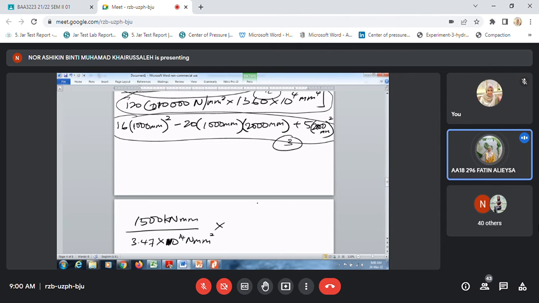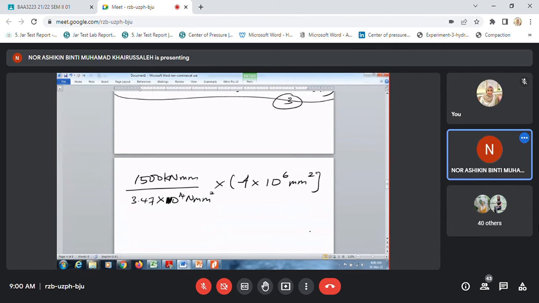Doctor, I got negative 4 times 10 the power of 6 millimeter square. Millimeter square. Okay.